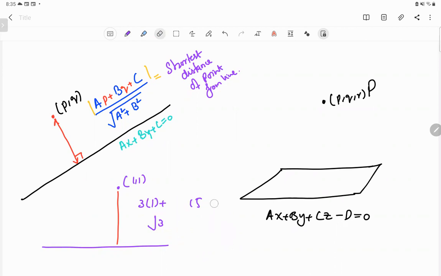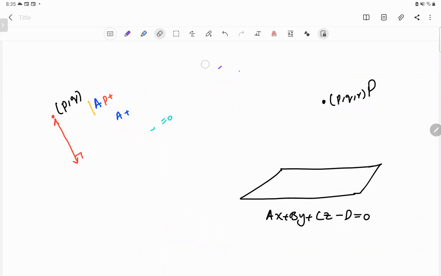Now, thinking on the same line, we can write a distance formula which should give us the distance of a point from the plane. And the formula is this.